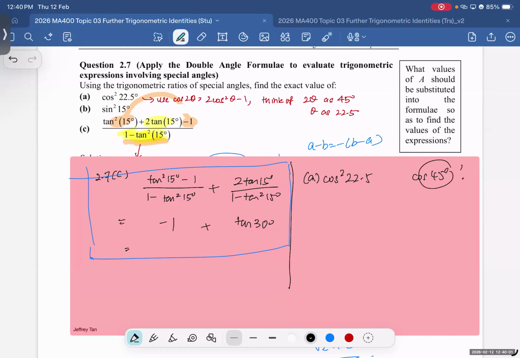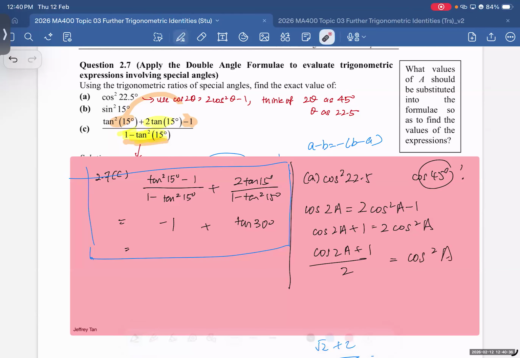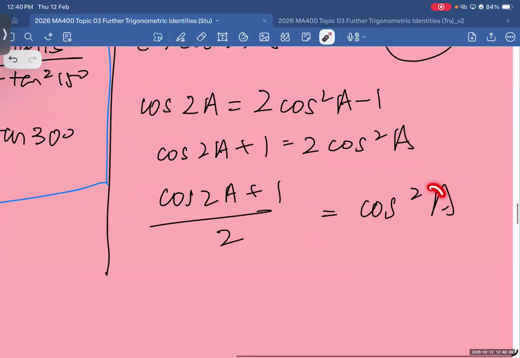Because you know that cos 2A is 2 cos square A minus 1, which means that cos 2A plus 1 is 2 cos square A, which means that cos 2A plus 1 divided by 2 is cos square A. So if this is 22.5, this will be 45 degrees.